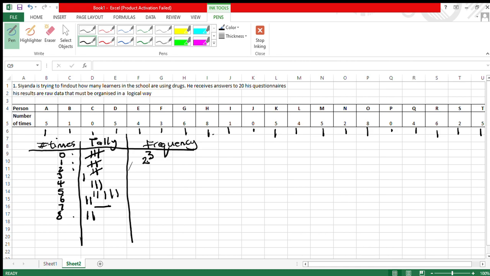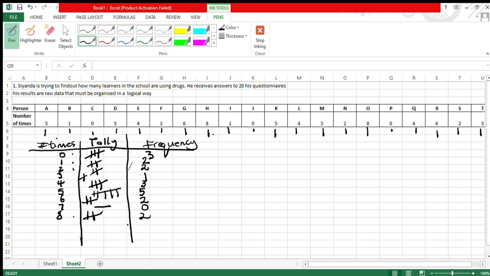The number of 2s is 2. The number of 3s is 1. The number of 4s is 3. The number of 5s is 5. Then the number of 6s is 2. 7 is 0. The number of 8s is 2.